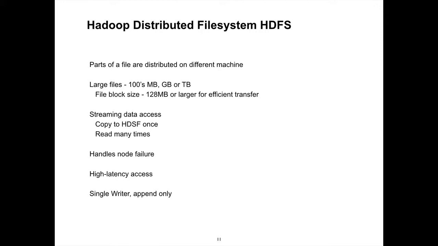Hadoop file system, it's basically a distributed file system. The big thing to note here is that the file system is tuned for very large files. Does anyone know the standard block size of a file in Unix? Any version of Unix, Linux?